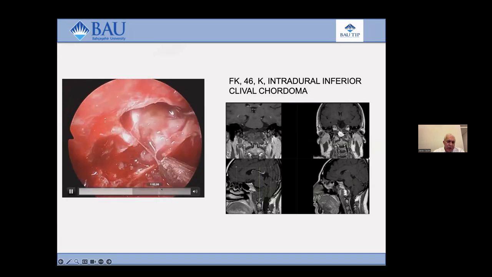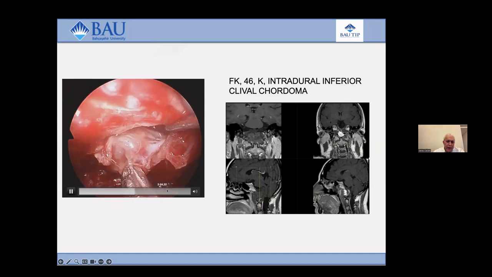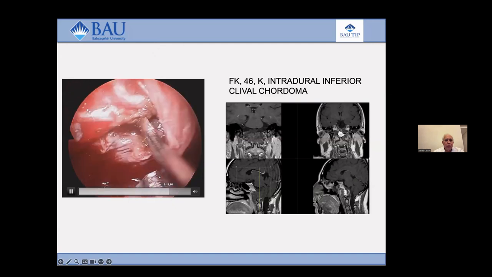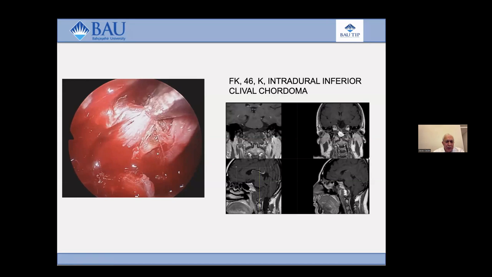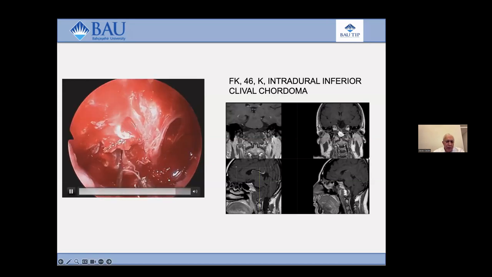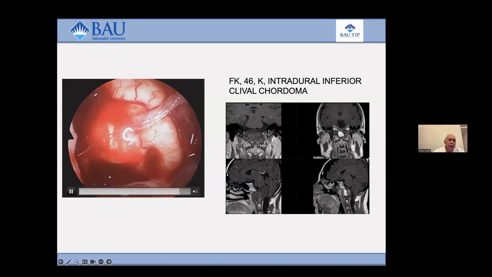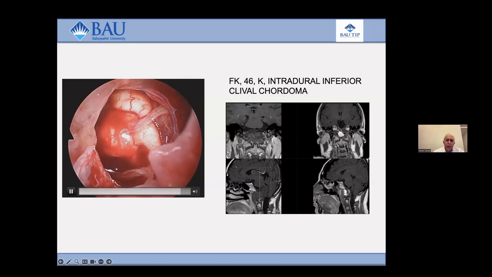We removed all pieces of the intradural tumor components, and at the last stage, the last piece of tumor was removed, and then we reach the pons and medulla. We explore the pons and the medulla, and the lower cranial nerves.